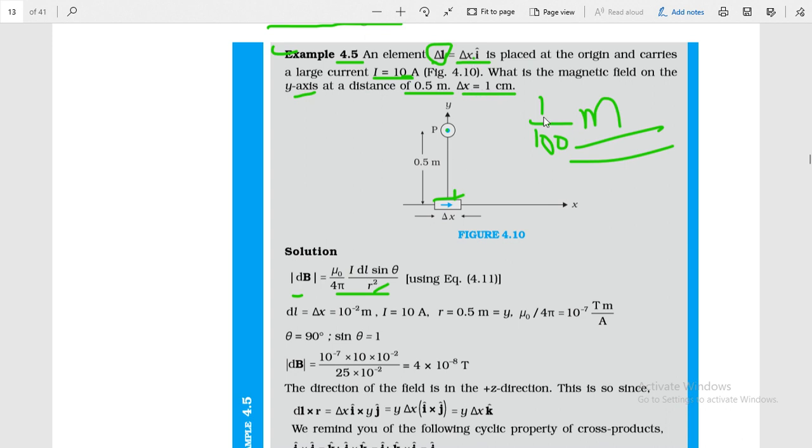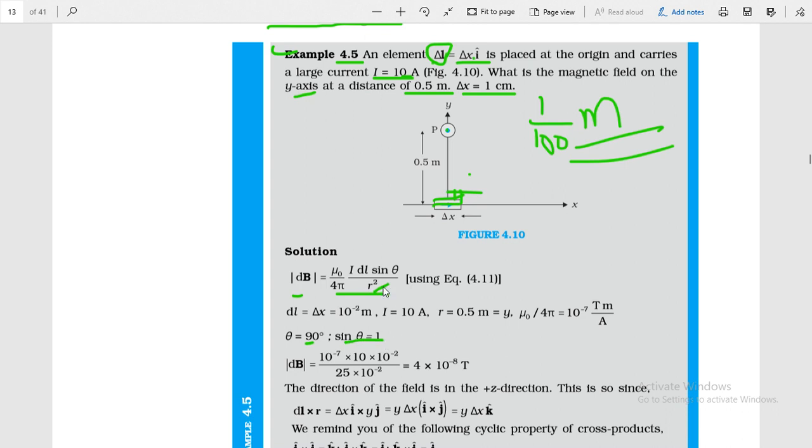You can write 1 by 100 meter in magnitude and 1 by 100 i cap in vector form. And this angle theta is the angle between the element dl and the line joining the element dl to the point P. You can see here this angle is 90 degree, so theta is 90 degree and sin theta is 1.